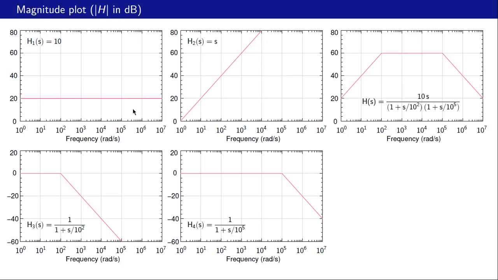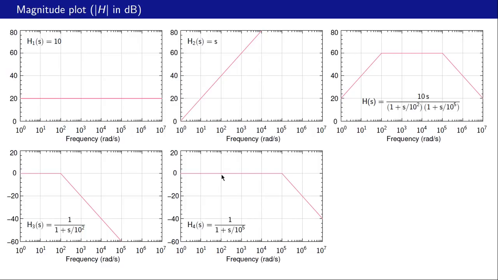After this, our first breakpoint is this one at 10 raised to 2. So what is the situation between these two frequencies? This is constant, slope 0. This is constant, slope 0. This has a slope of 20 dB per decade, and this is constant with slope 0.